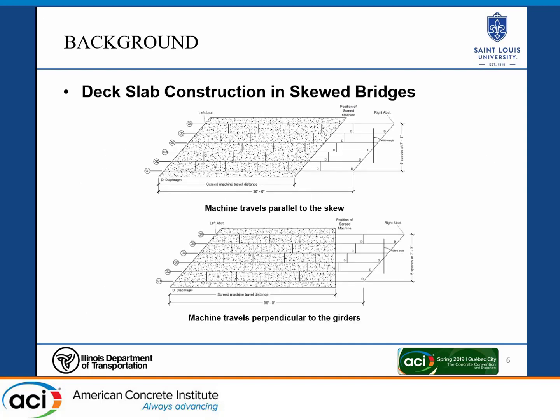There's one of two ways in a skewed bridge that the SCREED machine can pass over the bridge. One is a parallel configuration, where it's parallel to the skew, and it crosses over equally along each of these girders. And then the other option is perpendicularly, where it will be perpendicular to these girders and cause unequal loading along each girder.